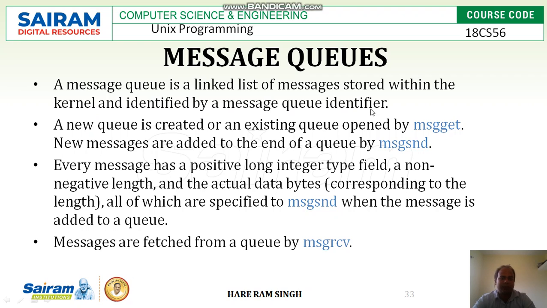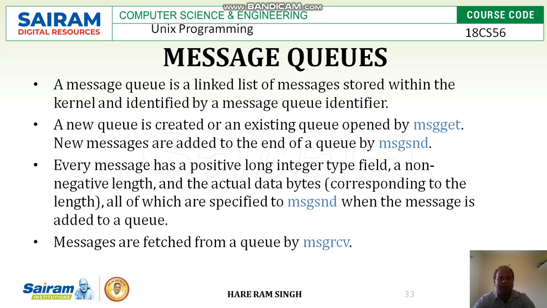You must have studied in your data structures course in third semester, that is the linked list. So, how did the linked list used to be? In the linked list, there used to be two fields. One field is used to store the address of the next node, and another field is used to store the message.